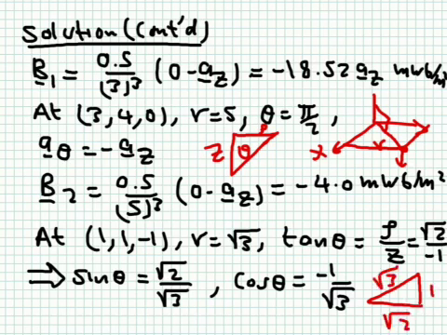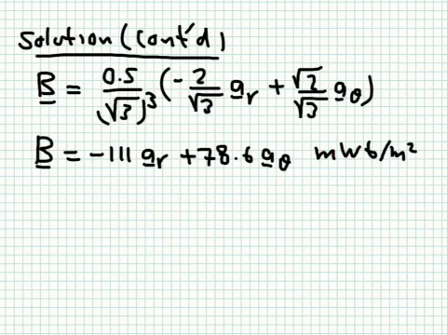Okay? So we have all the information that we need for the expression. We put r equal to square root 3, we put cosine theta equal to minus 1 over square root 3. We put sine theta equal to square root 2 over square root 3. So if you put everything together, k over r cubed, this is 2 cosine theta ar, minus 1 over square root 3, plus sine theta a theta.